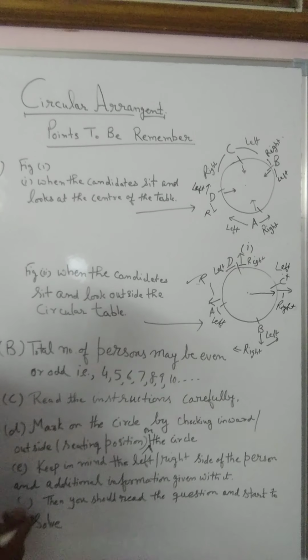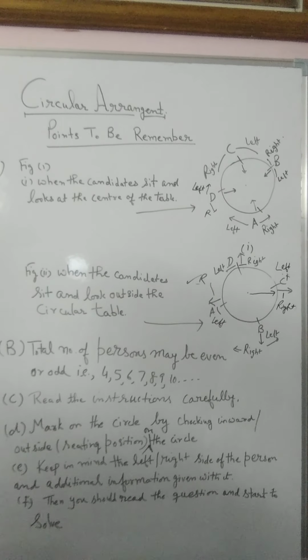In E, I have mentioned that you should keep in mind the left and right side of the person and the additional information given. Then you should read the question and start to solve. So this is the procedure which we will follow for circular arrangement.